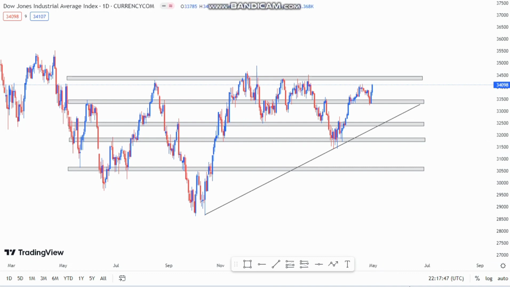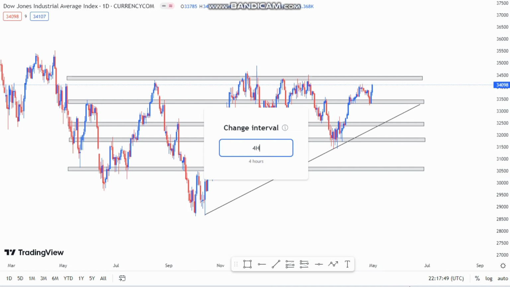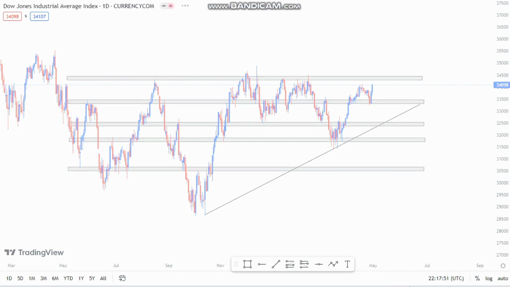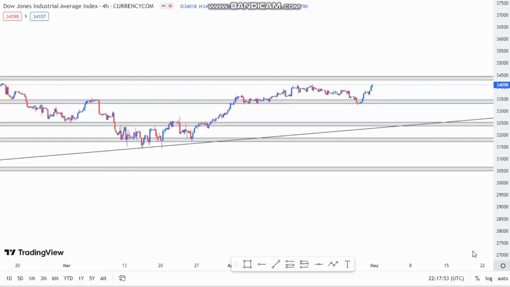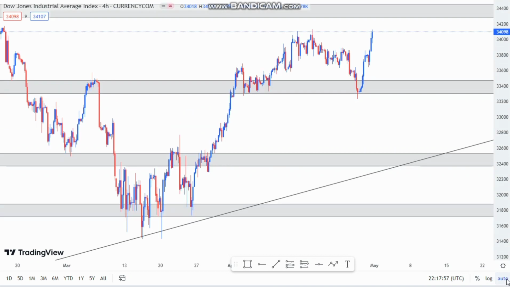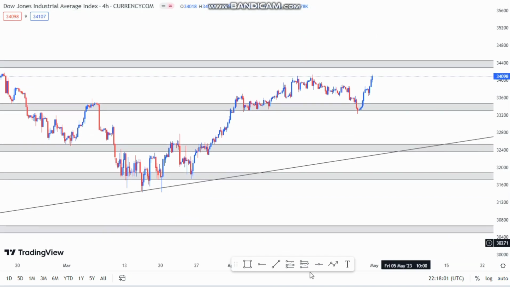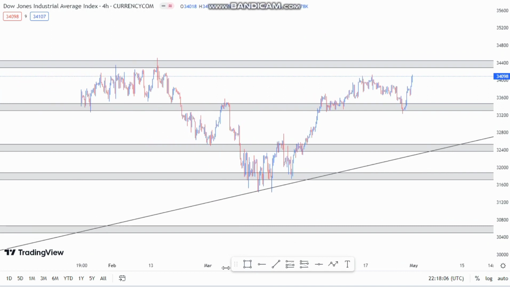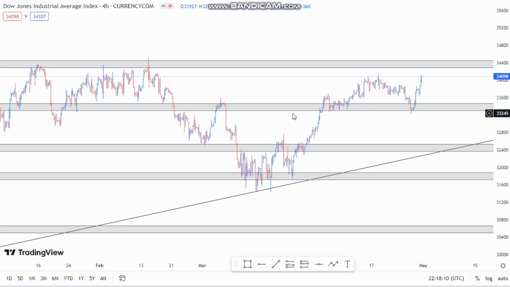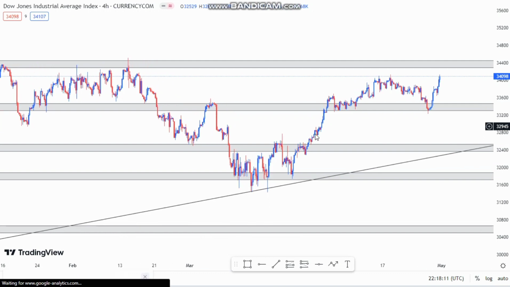Let's move to the 4-hour time frame to see what's really going on, because there's not much going on over there, so I have to switch to the lower time frame. The time frames I use are daily, 4-hour, and 1-hour if I don't find anything useful.